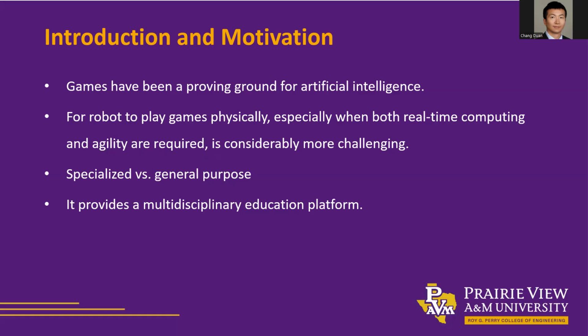So one can try to make a specialized machine to excel at playing one type of game, while it may not be easy to repurpose that machine for other tasks, or one can adapt a general purpose machine to play the game. And that is what we choose to do. So we adapt a general purpose robot arm to play this game.